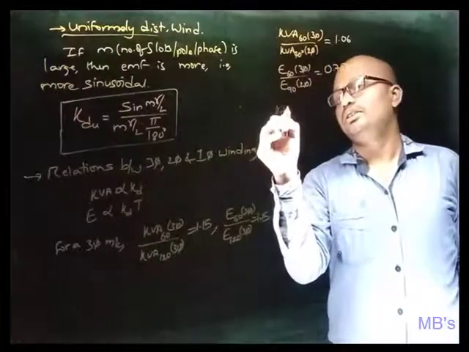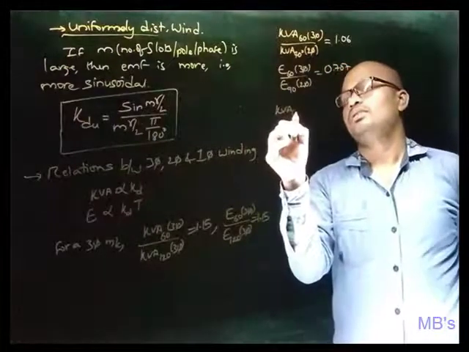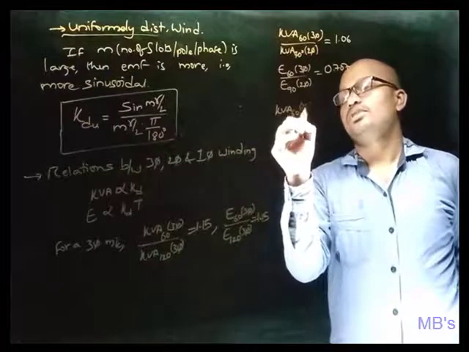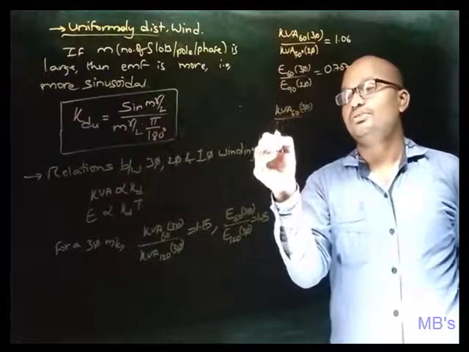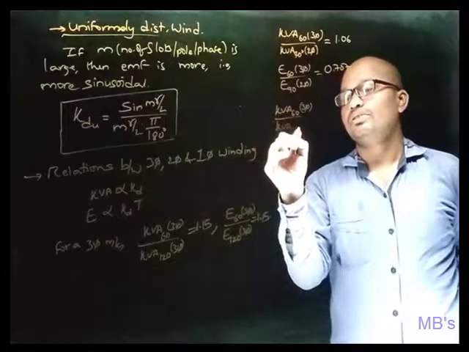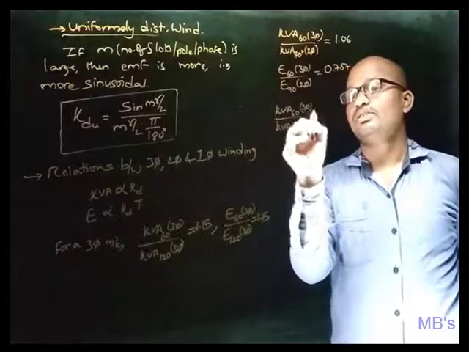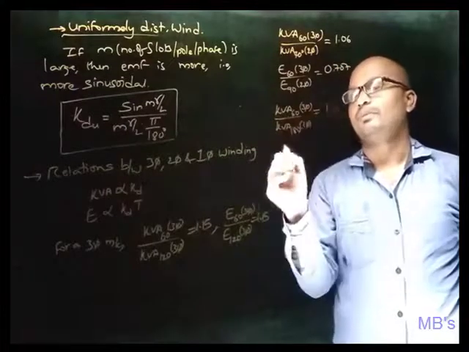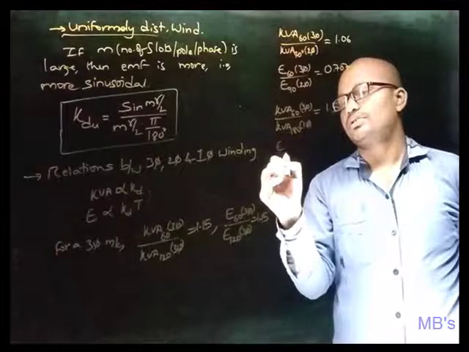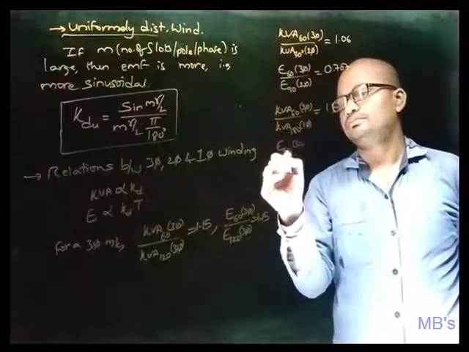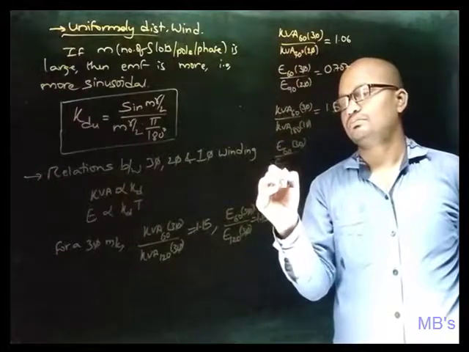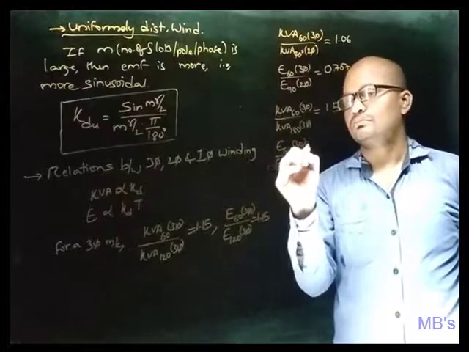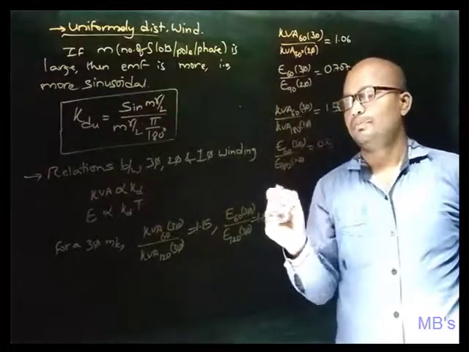The kVA ratio of a 3-phase machine having a phase spread of 60 degrees to the kVA of a single-phase machine having a phase spread of 120 degrees is 1.5, and the EMF ratio is 0.5.